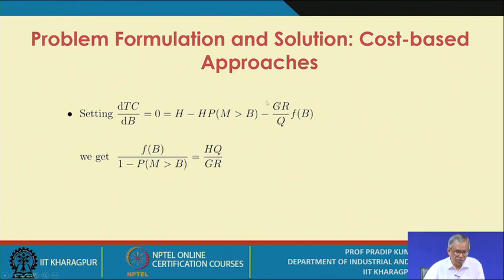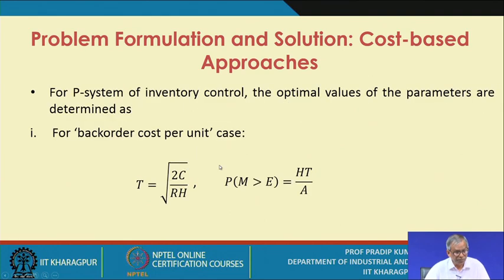So you get these expressions, and if you use these expressions you will get the optimal reorder point. So this is F(B) divided by 1 minus P(M), the probability that M is greater than B, that is equal to HQ by GR.